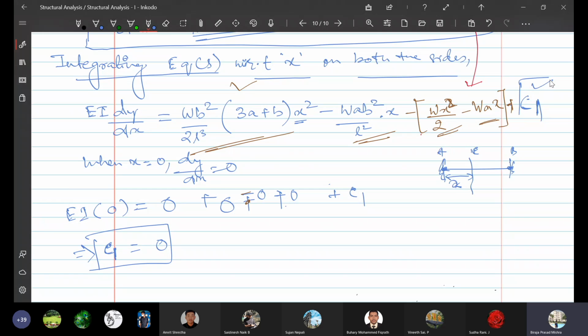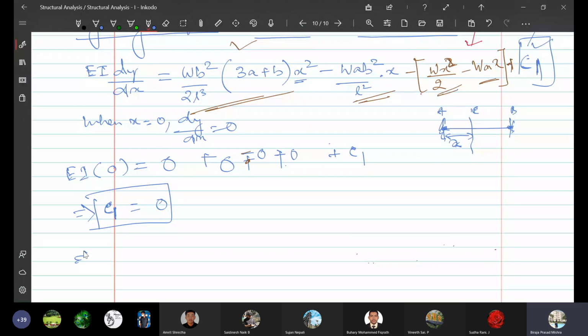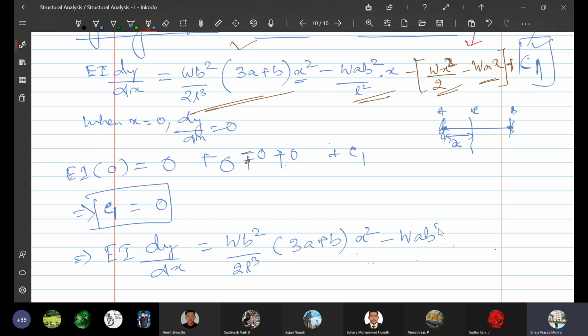So we can write, this implies EI into dy by dx equals WB square by 2L cube into 3A plus B into x square minus WAB square by L square into x minus wx square by 2 plus WAx.